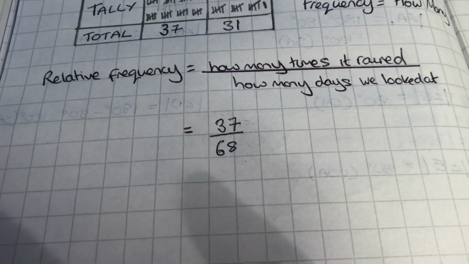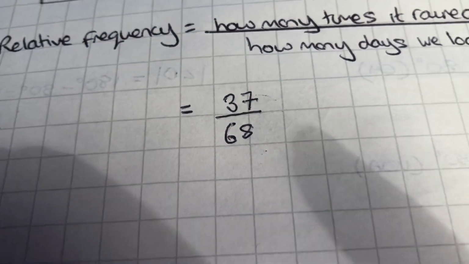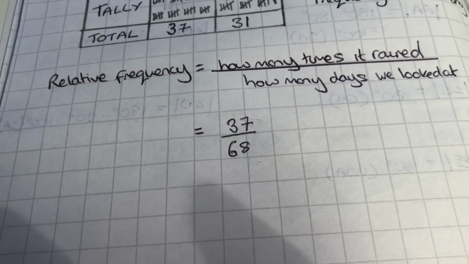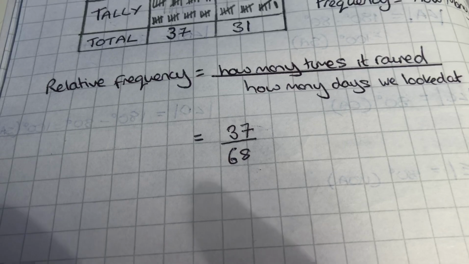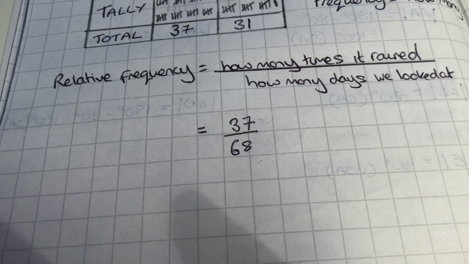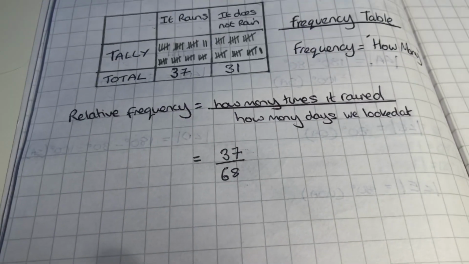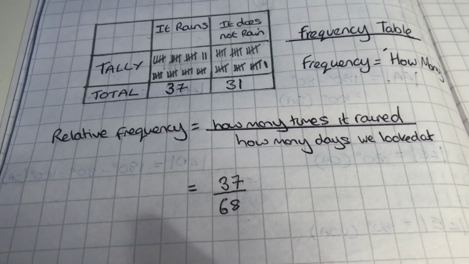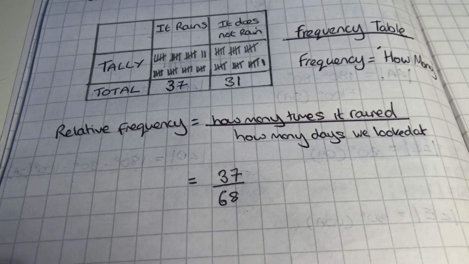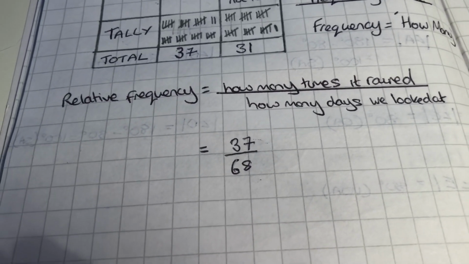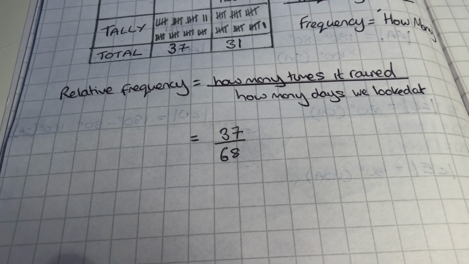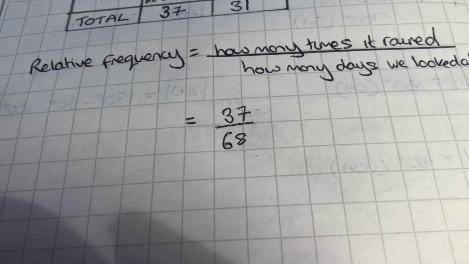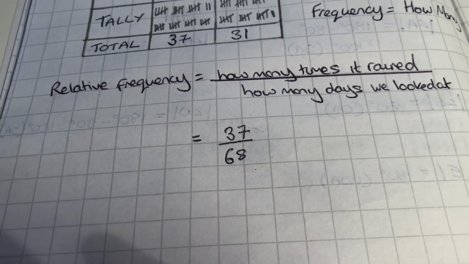Now don't forget that we must always cancel down a fraction if we can. However, this one we can't. There is no number that we can divide both 37 and 68 by. So there we have it. According to our experiment, the estimated probability of whether it will rain or not tomorrow in Ireland is 37/68.